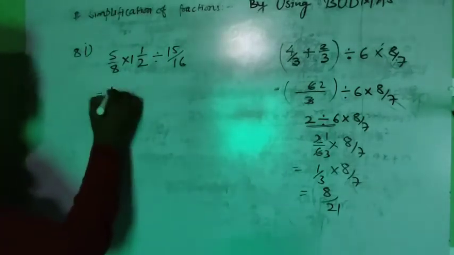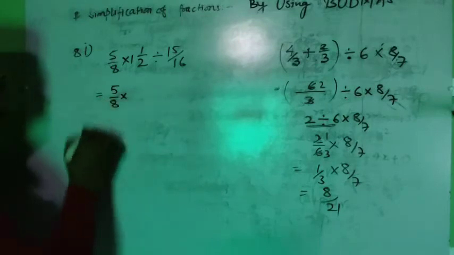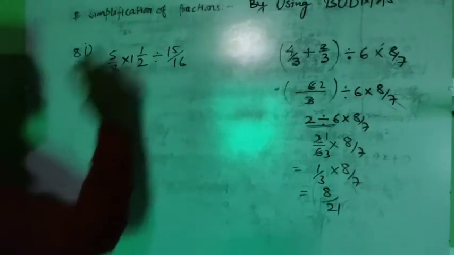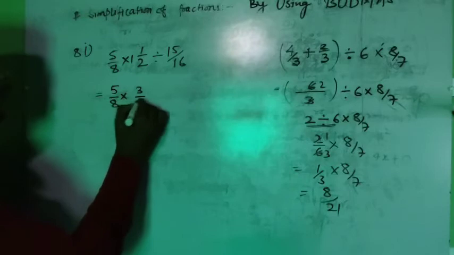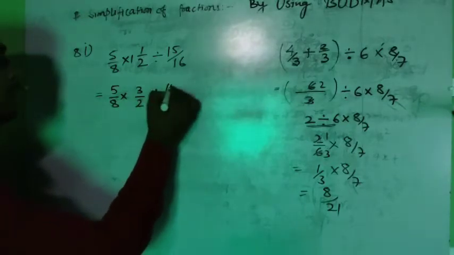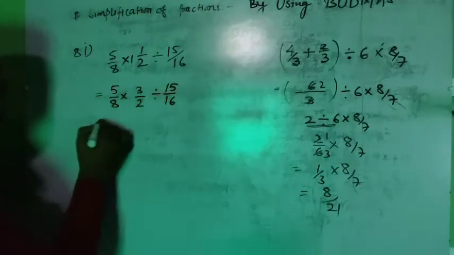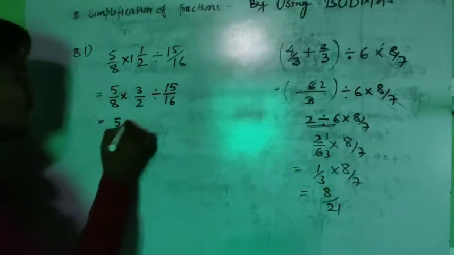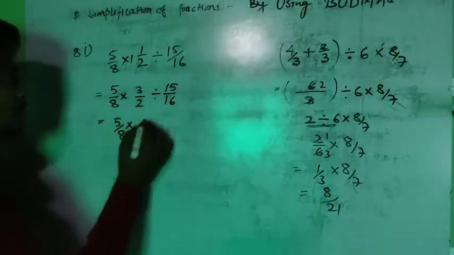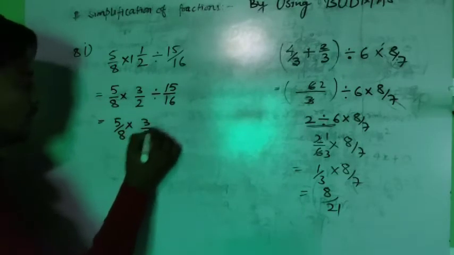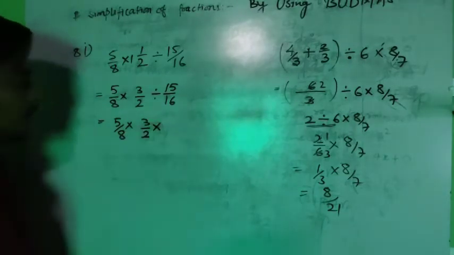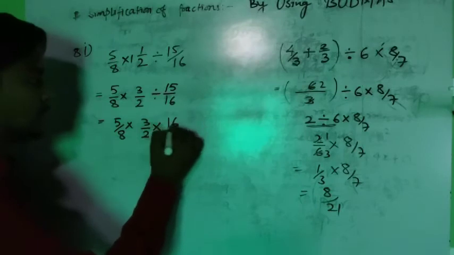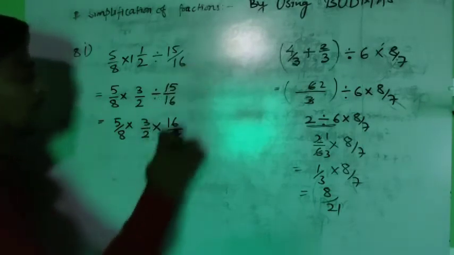So this will be equal to 5/8 into 3/2 divided by 15/16. Now division, leave as it is, divide it. So according to the rule, division will convert into multiplication. This is 15/16, so convert this to 16/15.